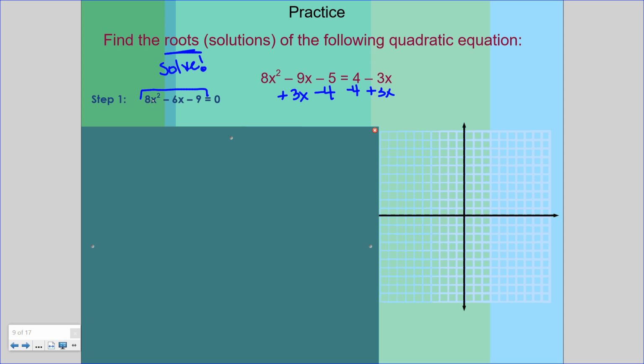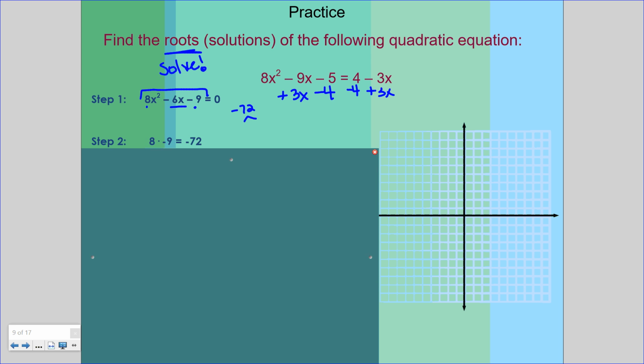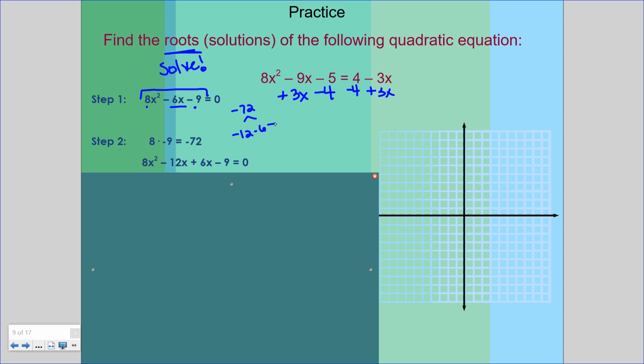So we'll take 8, the coefficient 8, and the final term -9, and multiply them together to get -72. We want factors of -72 that add up to our middle term's coefficient of -6. So that looks like -12 times 6 would add up to be a -6, which is what we're looking for.